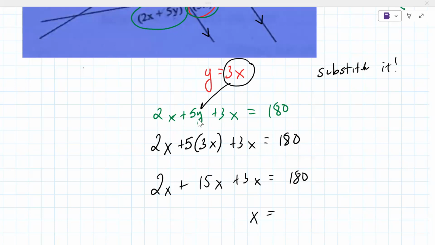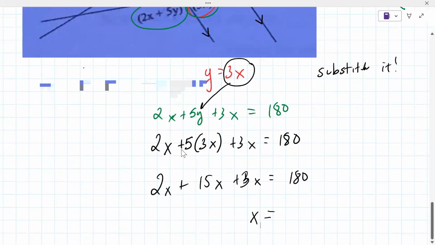It's a 3. Oh, that's why. So 20x equals 180. 180 divided by 20. So 9. And then you said you want me to substitute it in for y?